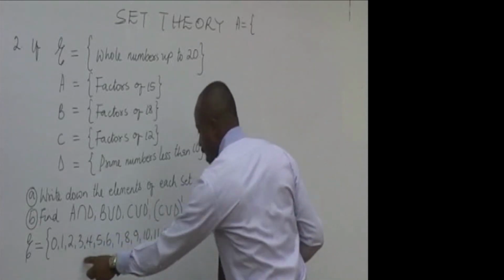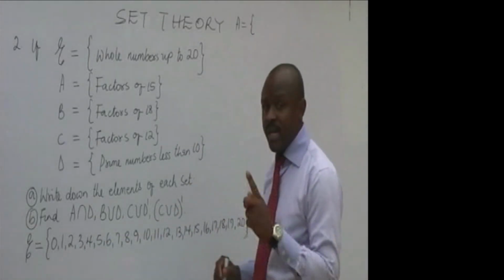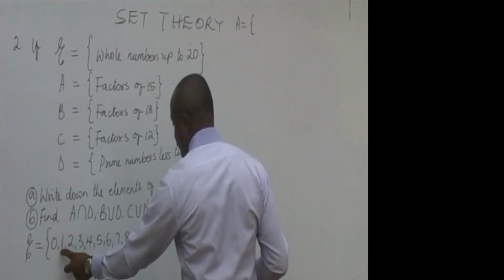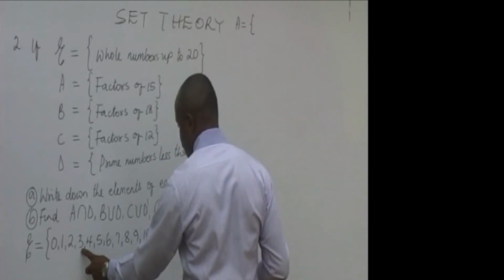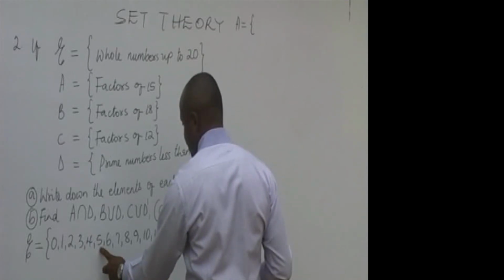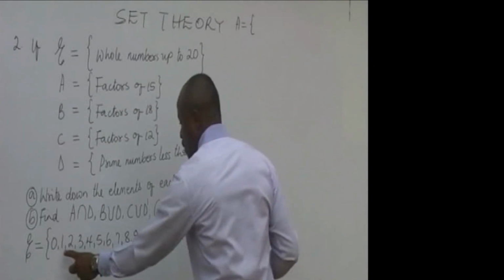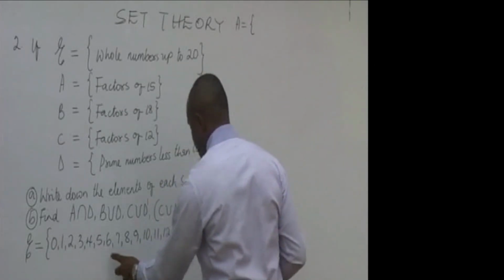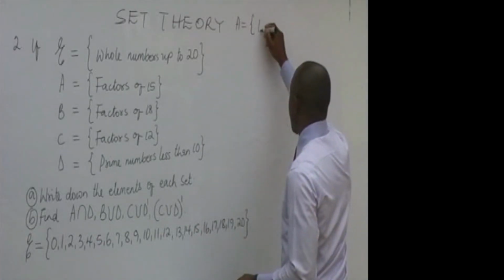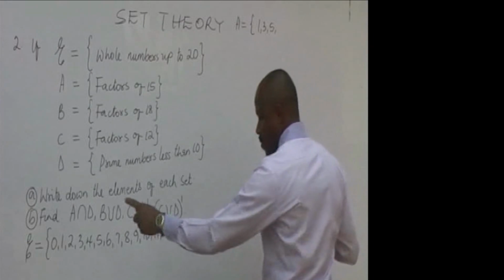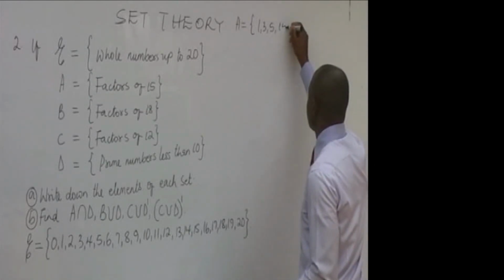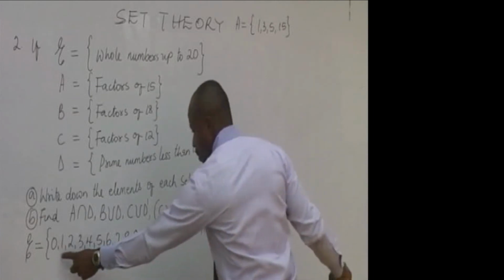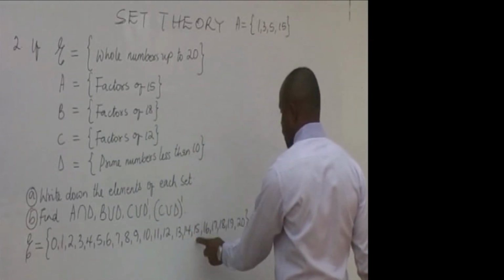All those numbers you find in the universal set that can divide 15 without a remainder. 1 is one of them, 3, 5, and 15. So we have 1, 3, 5, and 15. 4 members.